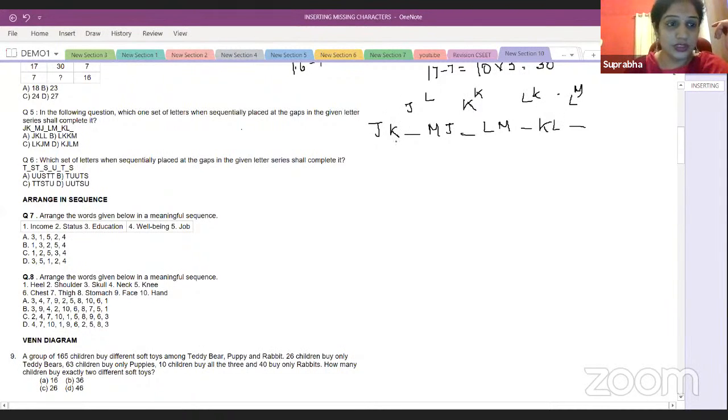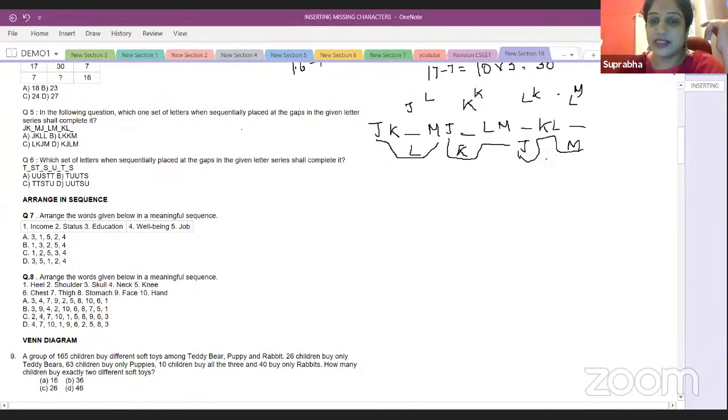So I'll go for the third option, which is L, K, J, M. So here, J, K, L, M, J, K, L, M, J, K, M. Am I getting a pattern? There's nothing but J, K, L, M continuously. So C option is giving me this pattern. Hence, our answer is C.